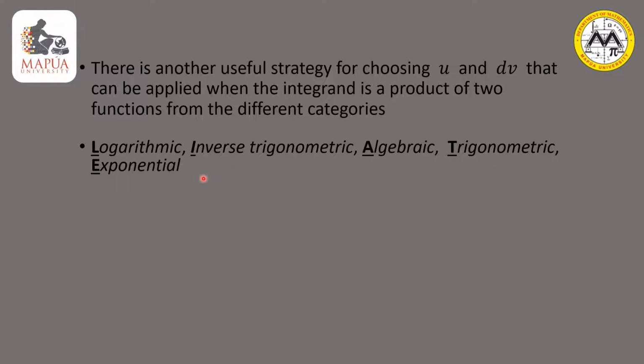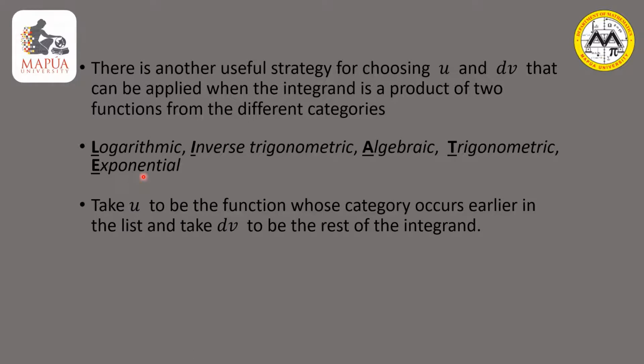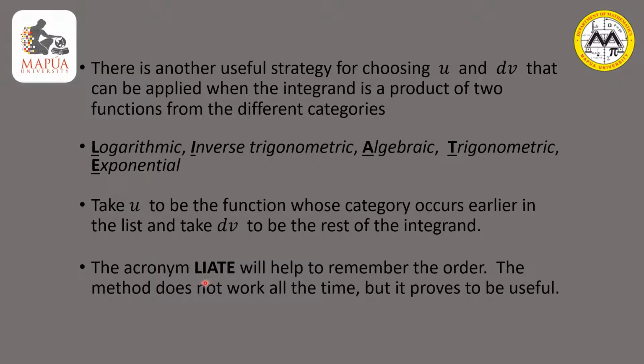Lastly, the trigonometric function has priority over the exponential function as the function to be assigned u. The rest of the factors of the integrand should be assigned dv. It will help to remember that we have this acronym representing the first letter of the terms for each of these functions. This will help us remember the order of priority of functions to be assigned u.